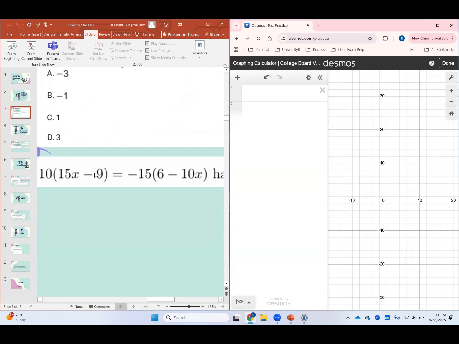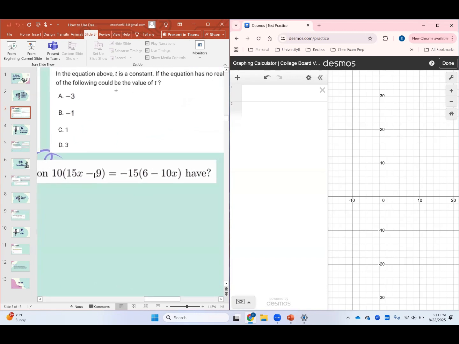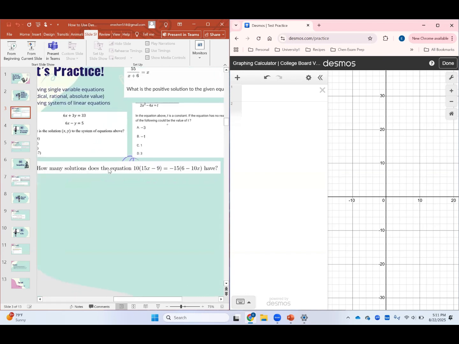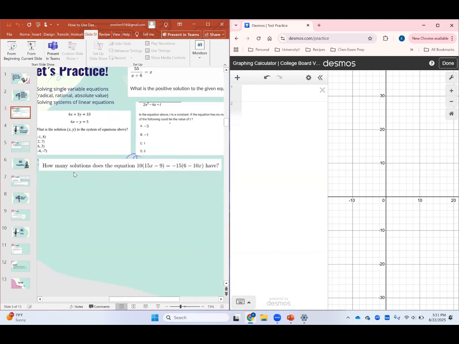So if I separate this equation into the left and right side, I'm going to see that I have two lines. And what I'm going to do is I'm going to graph both of those lines and see how many times they intersect, because that's basically what the question is asking, right? They're asking how many solutions are there.